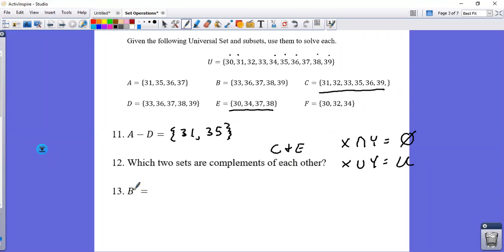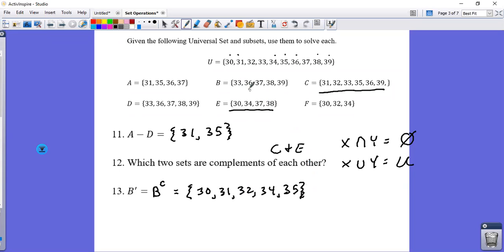This B with a hashtag is how you write complement. Some books use a C power for complement, but this is more common with the hashtag. But the complement of B would be everything that's not in B. So there's no 30 in B, no 31, no 32, 33 is there, 34 is not there, 35, 36 is there, 37, 38, 39.